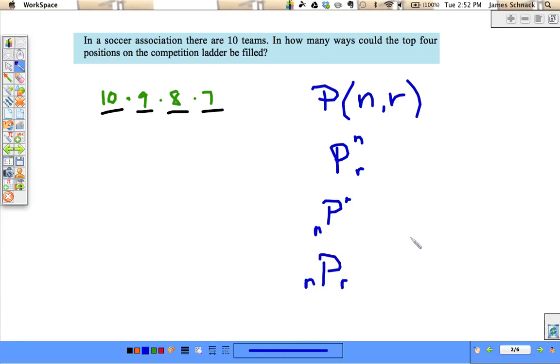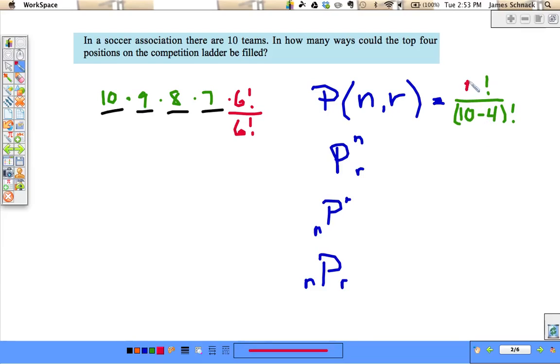We can use this permutation thing to solve this problem. And it goes back to changing this into factorial form. This is the same thing as 10 factorial divided by 10 minus 4 factorial. Because isn't this really times 6 factorial over 6 factorial? And those would cancel. So 10 minus 4 is 6 factorial.